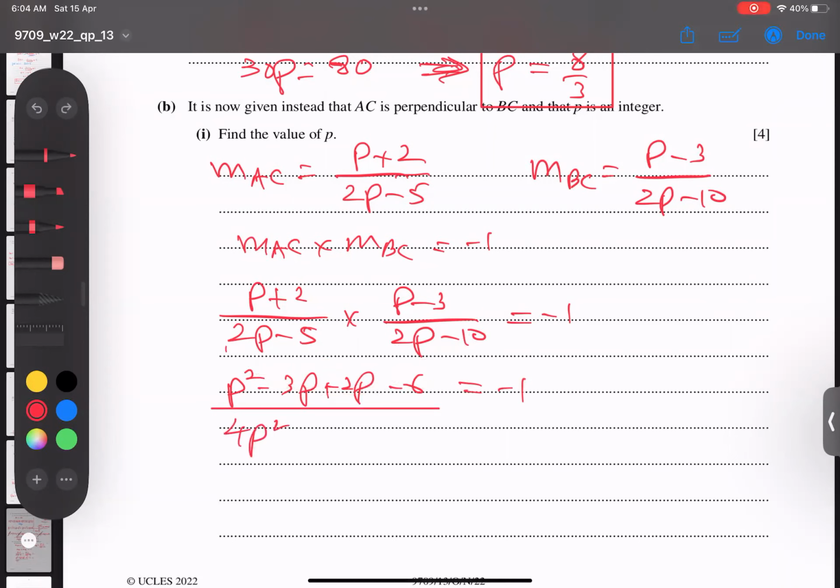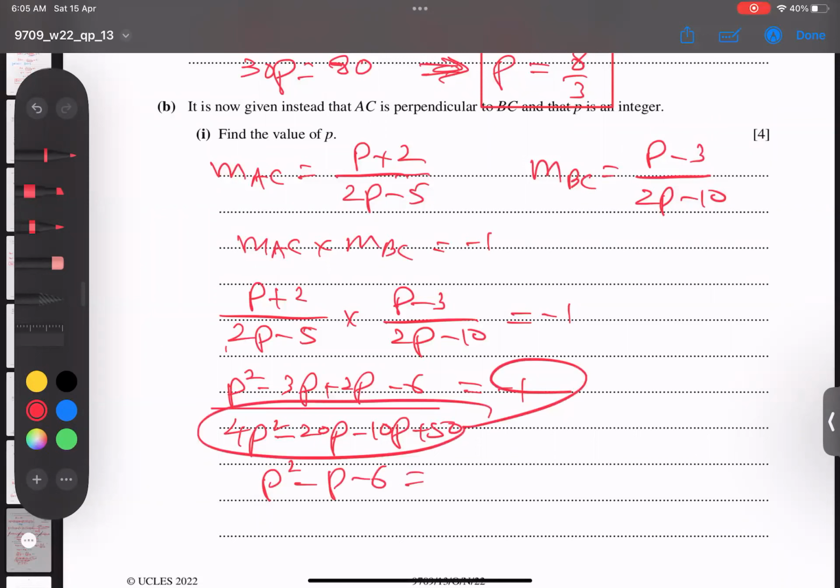So be careful, this 4 product: minus 20P, minus 10P, plus 50. So P squared minus P minus 6, and the whole thing gets multiplied there. But first of all, I'm writing in brackets, to reduce the chances of mistakes.